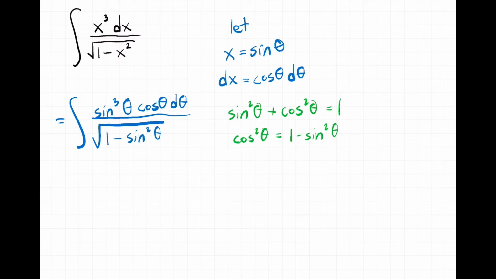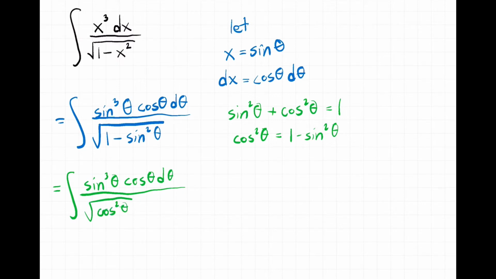So I can actually replace the expression inside my square root with cosine squared theta. This whole integral equals the integral of sine cubed theta times cosine theta d theta over the square root of, well, 1 minus sine squared theta is just equal to cosine squared theta, so I can write cosine squared theta under that square root.